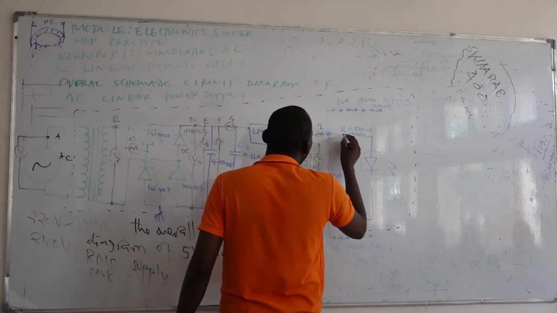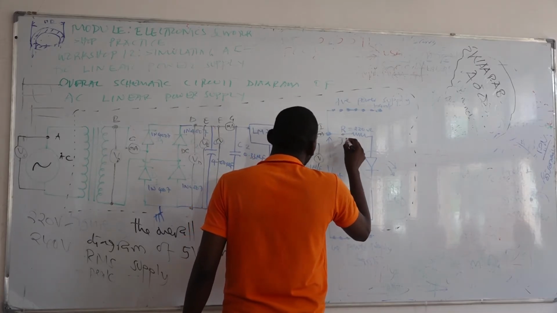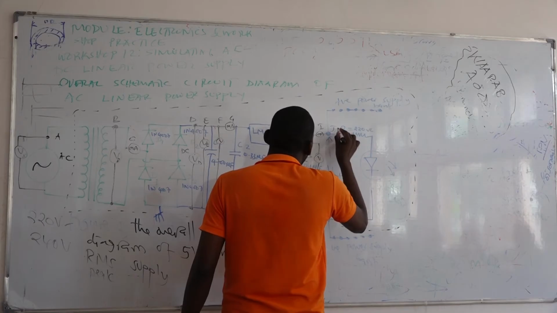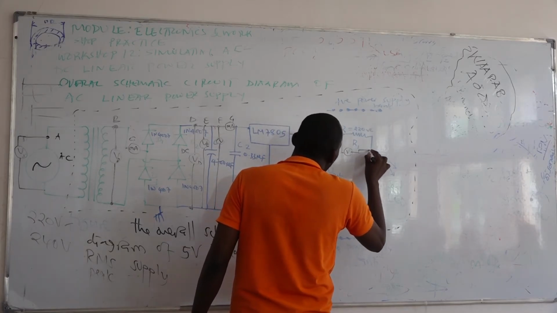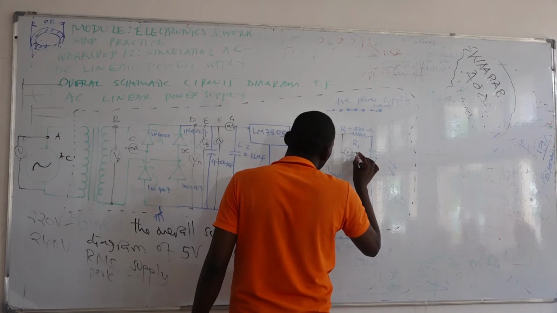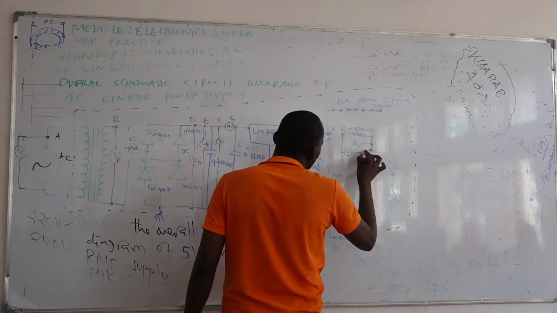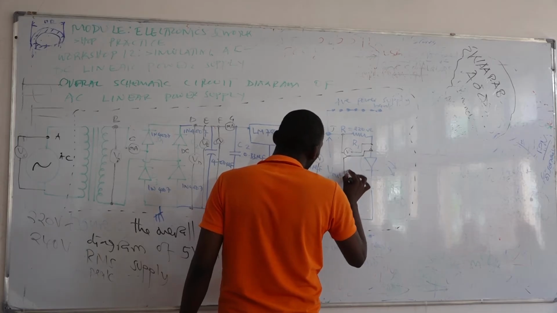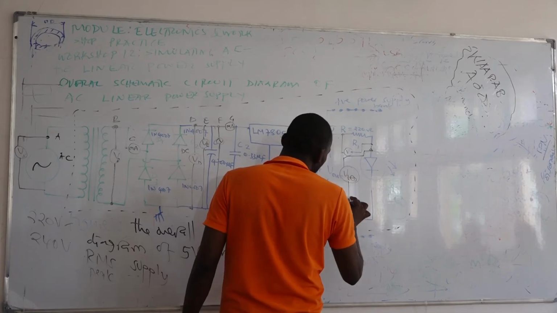Then, this is another testing point. A, B, C, D, H, I, J. At this point, we need to measure the voltage across the resistor. Then again, we have another testing point here. In this testing point, we need to know the voltage across the LED.